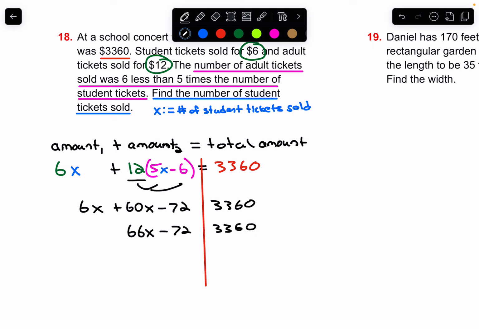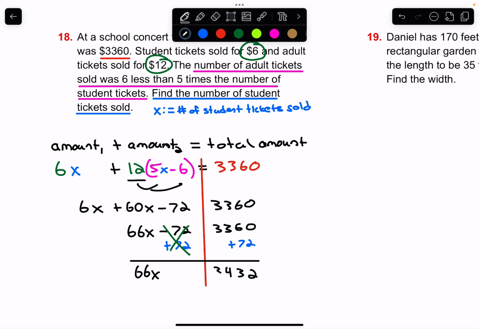Right side stays the same. I can then go ahead and add the 72 to both sides. That will leave 66x all alone on the left side of this equation. So 66x is now equal to, when I add these together, 3,360 plus 72, I have a 2, a 3, carry a 1, 4, so I have 3,432.